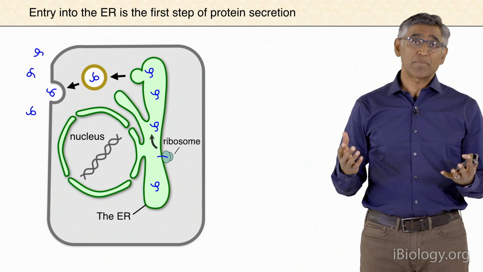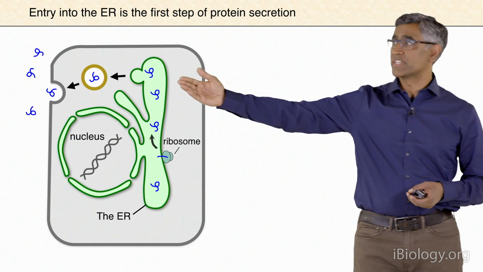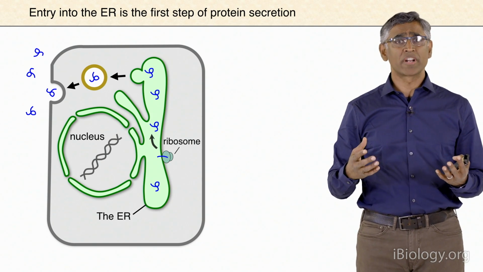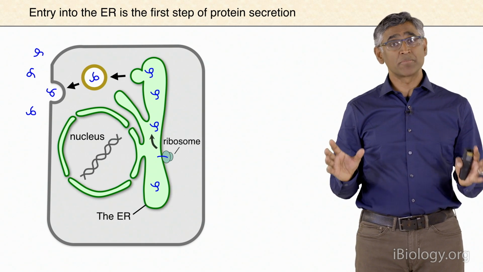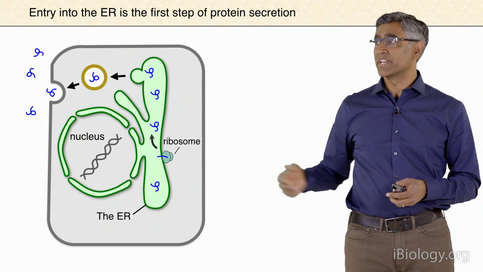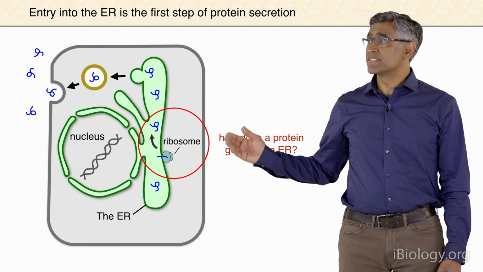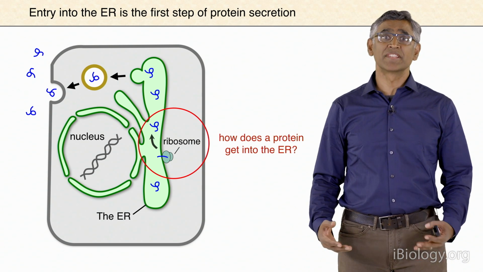Now, after you solve that problem, those proteins then are carried by vesicles, which is shown in yellow over here, and eventually out to the surface of the cell. So if you want to understand secretion, you have to understand both parts of the problem. And the part that I'm going to talk about is how proteins initially cross a membrane barrier here at the endoplasmic reticulum. So the question then is, how do proteins get from the cytosol, which is here, the compartment in gray here, into the ER?